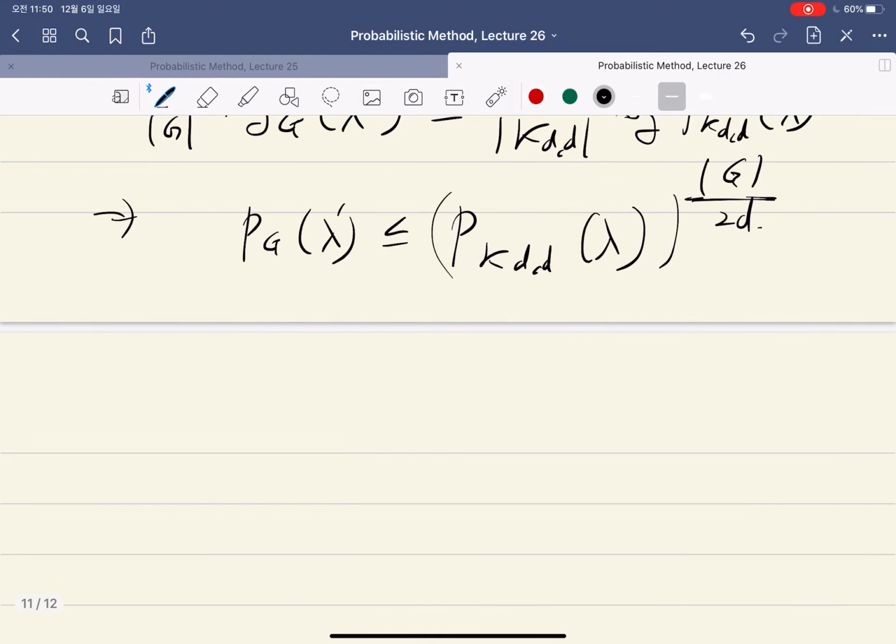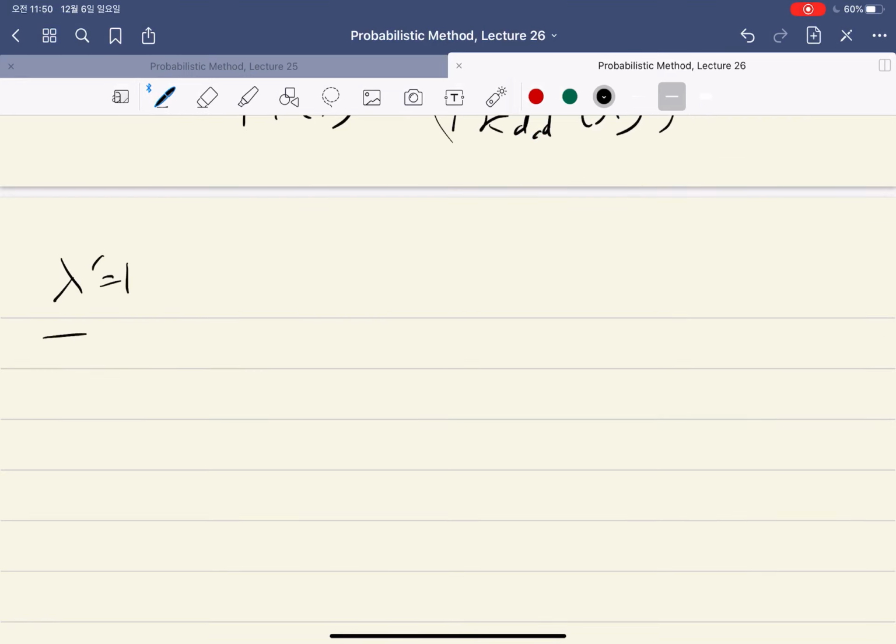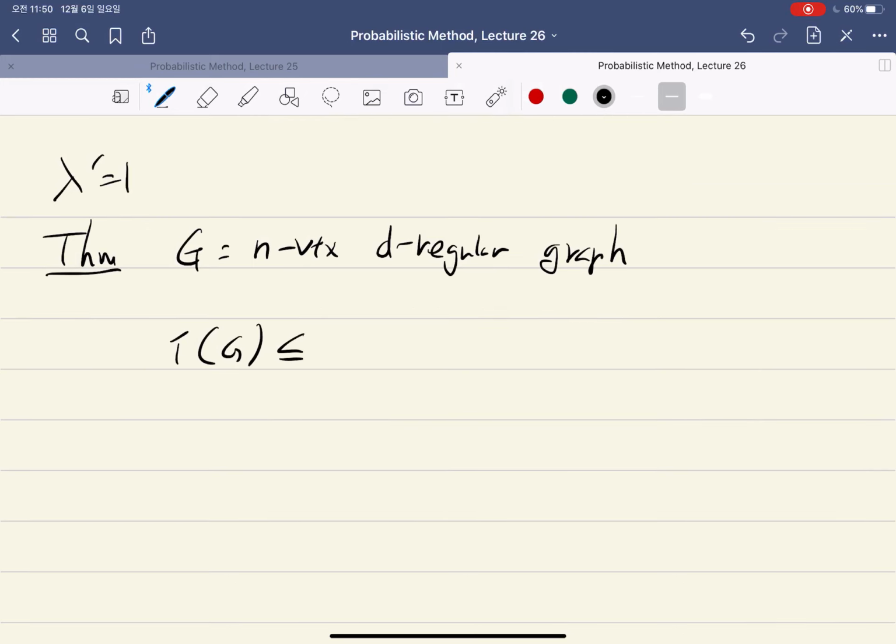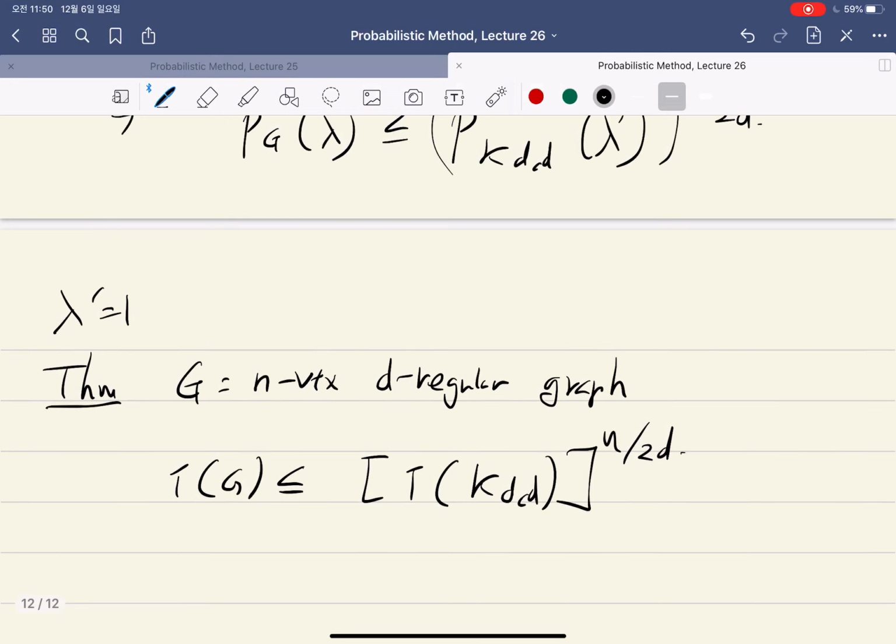And now you plug in lambda prime equal to 1. Then what you get is the theorem: if G is an n-vertex d-regular graph, then the number of independent sets in G is at most the number of independent sets in K_{d,d} to the n over 2d. So the number of independent sets in a d-regular graph is maximized when the graph is a disjoint union of complete bipartite graphs. So this concludes chapter 10.